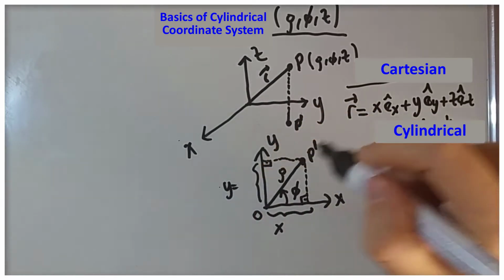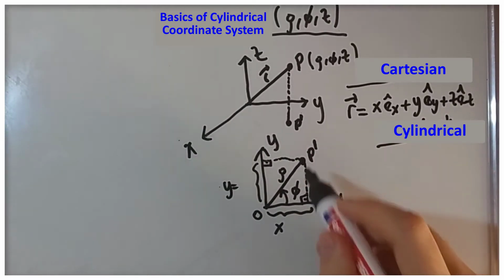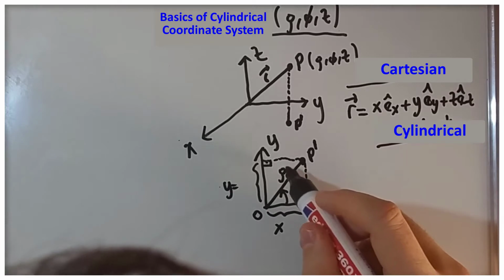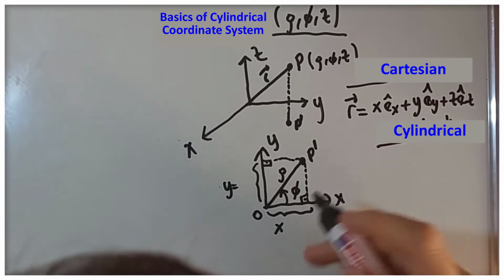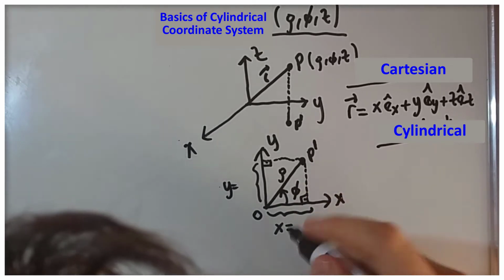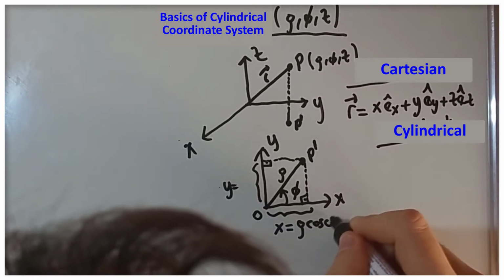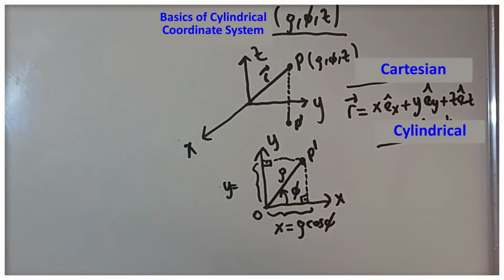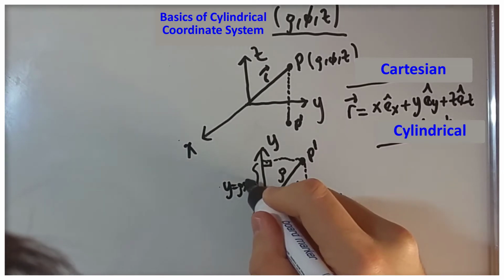The length that represents x, and the length here that represents y when I go down. Now you see a right triangle has formed here. How would I express x if it is a right triangle whose hypotenuse is ρ? I write ρ cos phi as the neighbor here. I write ρ sin phi for y the same way.